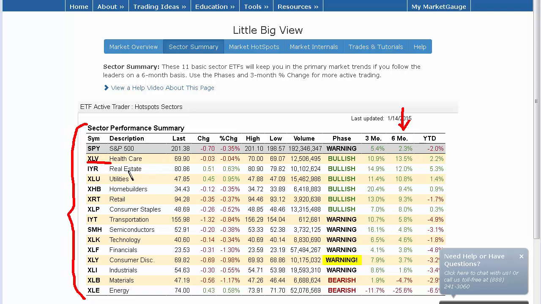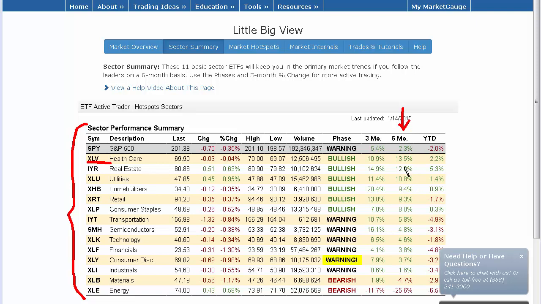XLV. So when the market gaps lower, or the market's weak, or I'm looking for an opportunity on the long side on weakness, or even on strength, but certainly on market weakness, one of the first places I'm going to go is to this table to see if there's anything interesting going on in terms of strong sectors that may be getting pulled down by the market.